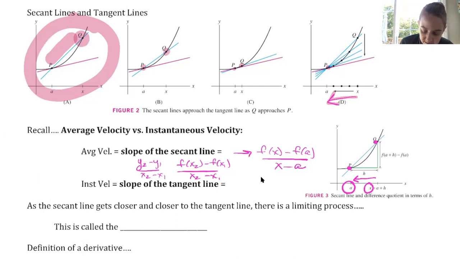So we want the limit as x approaches A of f of x minus f of A all over x minus A, where the A is the first point and the x is the second point. So you want the x to get really, really close. Now, the secant line gets closer and closer to the tangent line. There is a limiting process. This is called the derivative.